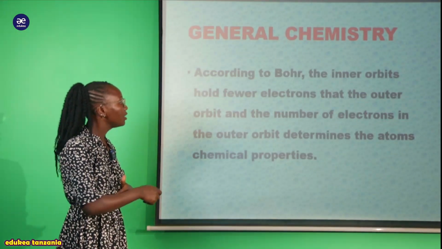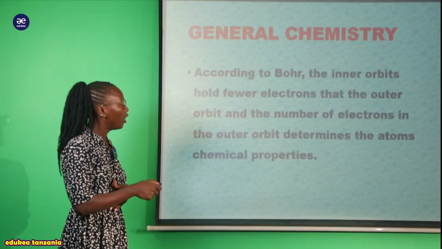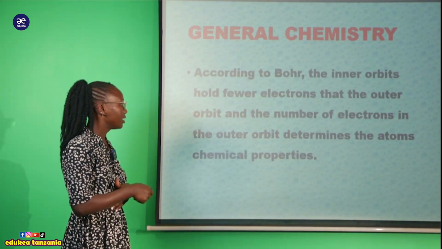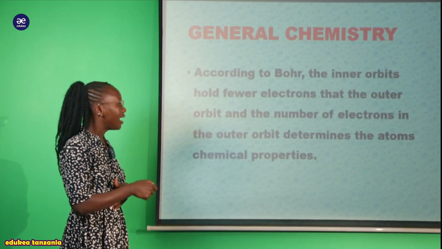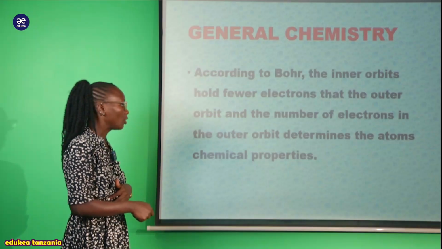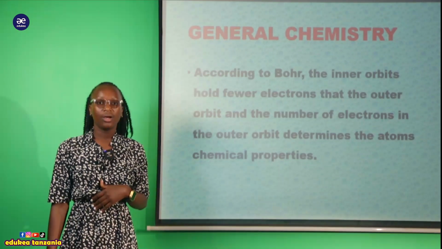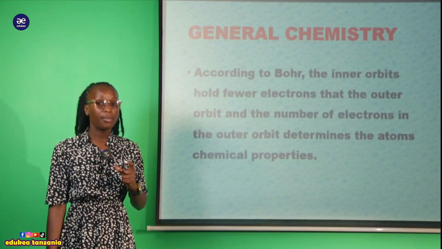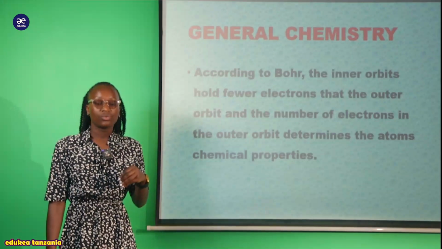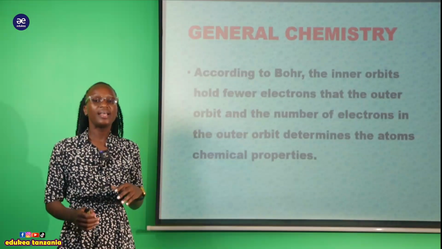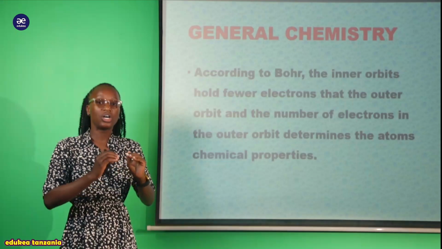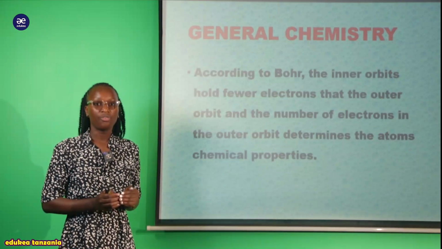So you can see that according to Bohr now, the inner orbits hold fewer electrons than the outer orbit, and the number of electrons in the outer orbit determines the atom's chemical properties. Huyu ni Bohr. Bohr yeye akaja na idea kwamba inner orbit, tunapozungumzia inner orbit tunaongelea ile level za ndani, mean that those orbits near the nucleus of an atom.